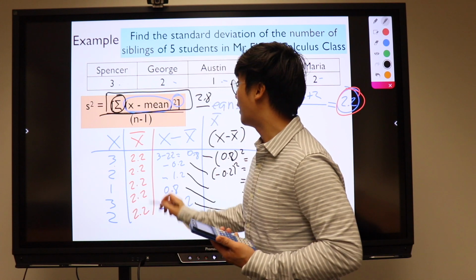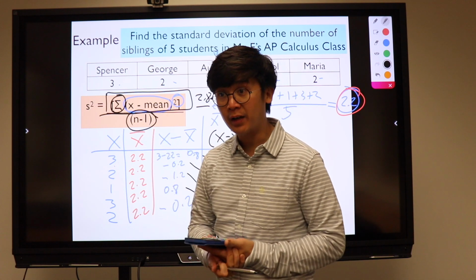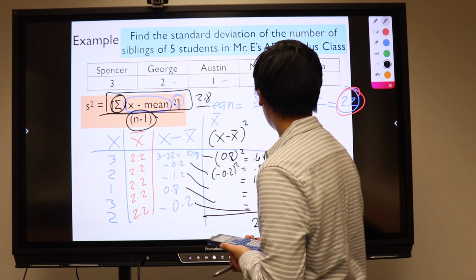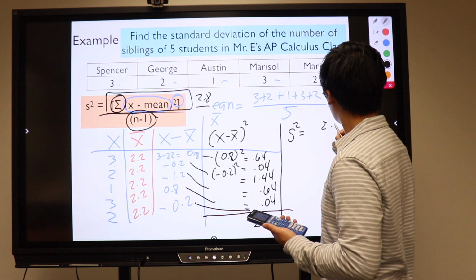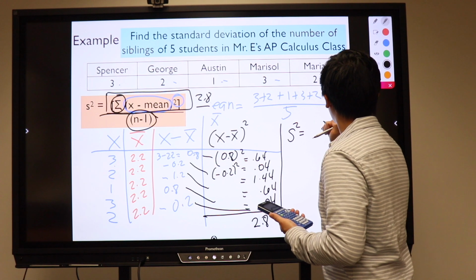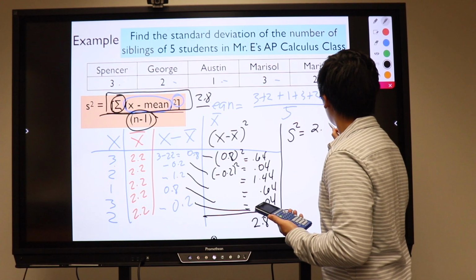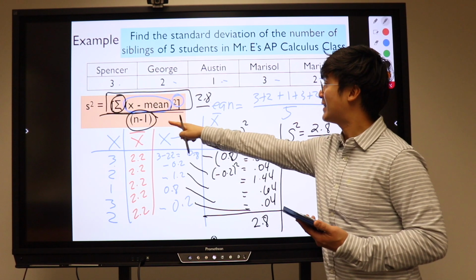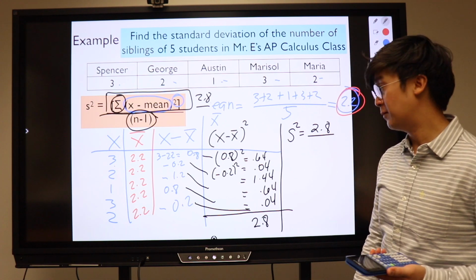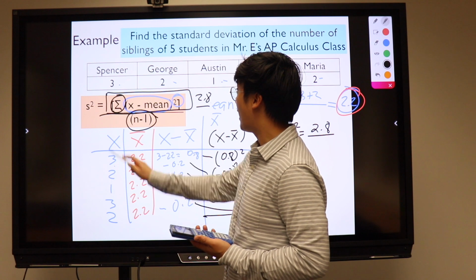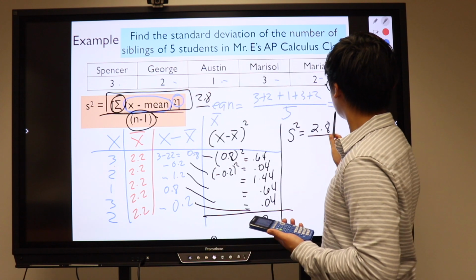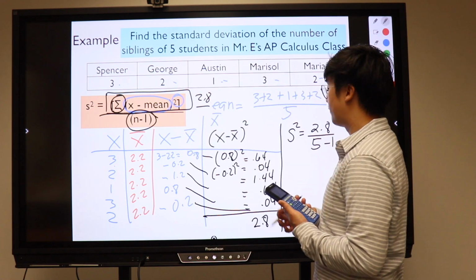We just need to figure out n minus 1. And what is n minus 1? What is n minus 1 in our formula? N is the number of data sets. How many data sets do we have? 5 minus 1.